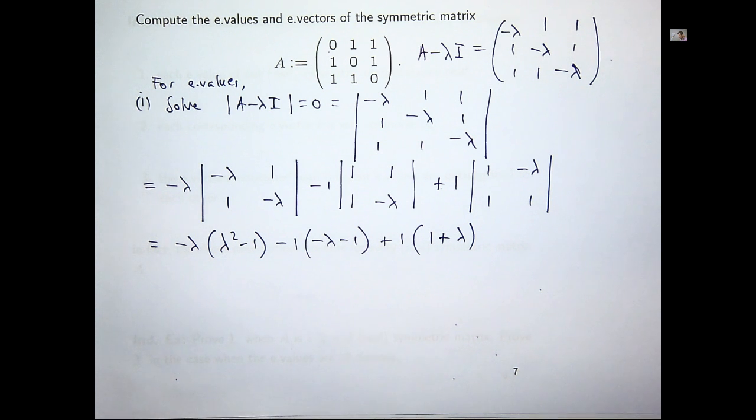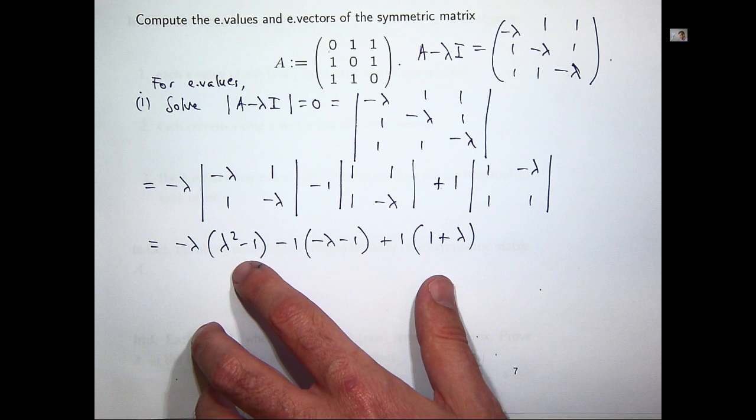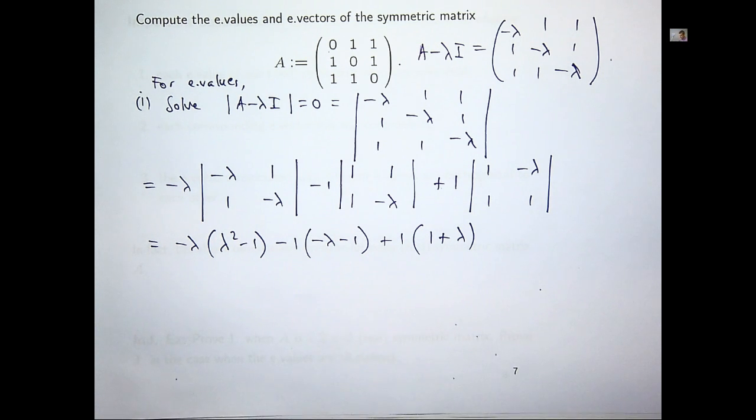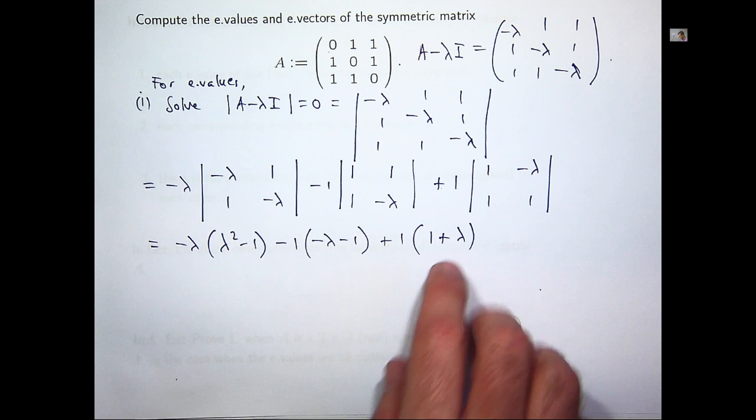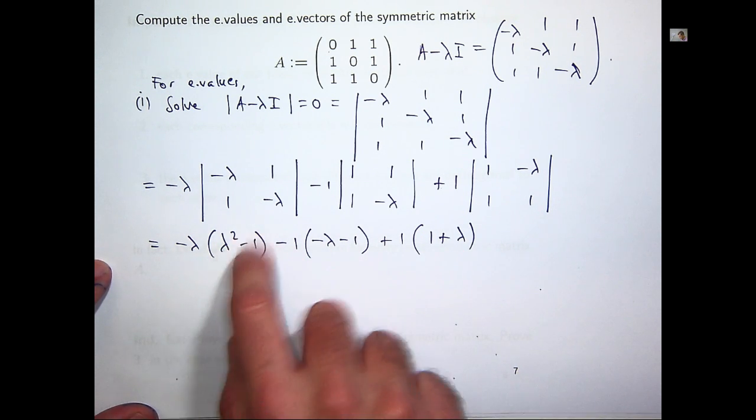Okay, so the object here is to simplify this in some way. You can do that in a number of ways. What I like to do as a general rule is not expand the brackets until I really have to. Wouldn't it be good if you saw a common factor here, here, and somewhere in here?